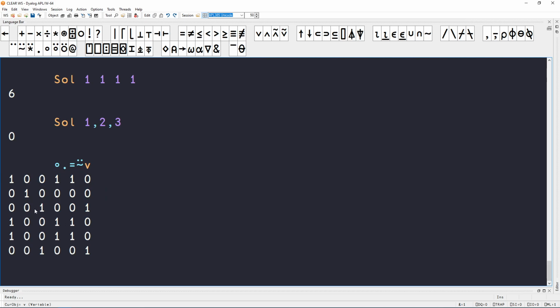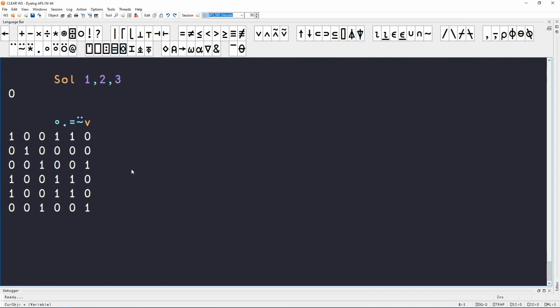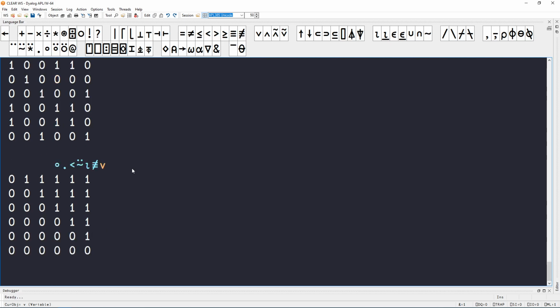And by half I mean separated by the diagonal. The way we can do that is by doing something similar with the outer product, but now doing the outer product with less than, and selfie on iota the number of elements of V.